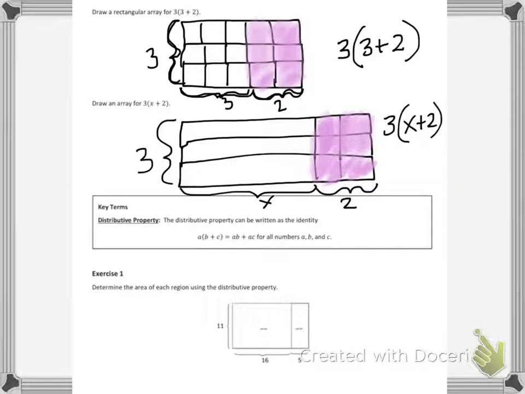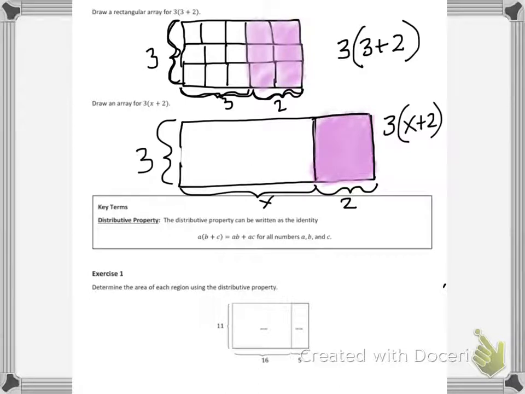Now we're going to use this last array here, the 3 times x plus 2, and we're going to erase these lines, and then erase these lines, because what we know now is we want to start looking at these rectangular arrays and just be able to label them with numbers.